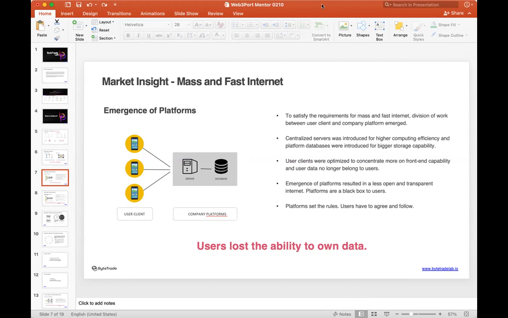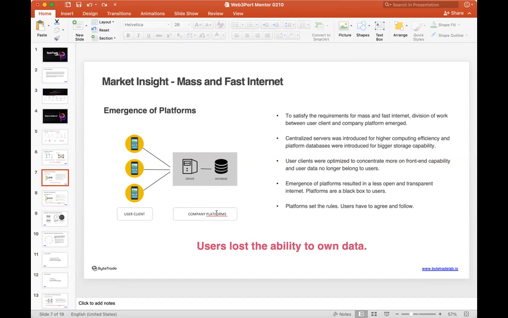At the same time, applications became more diversified and sophisticated than earlier, not just text or code. So company platforms emerged, with a structure of user client and company platform, created as the result of division of work in order to adapt to the mass and fast internet.